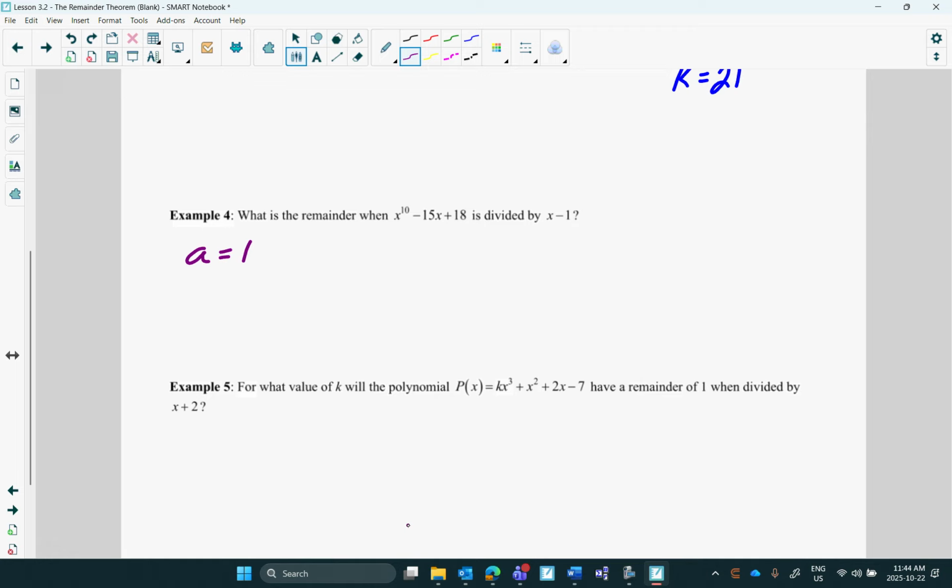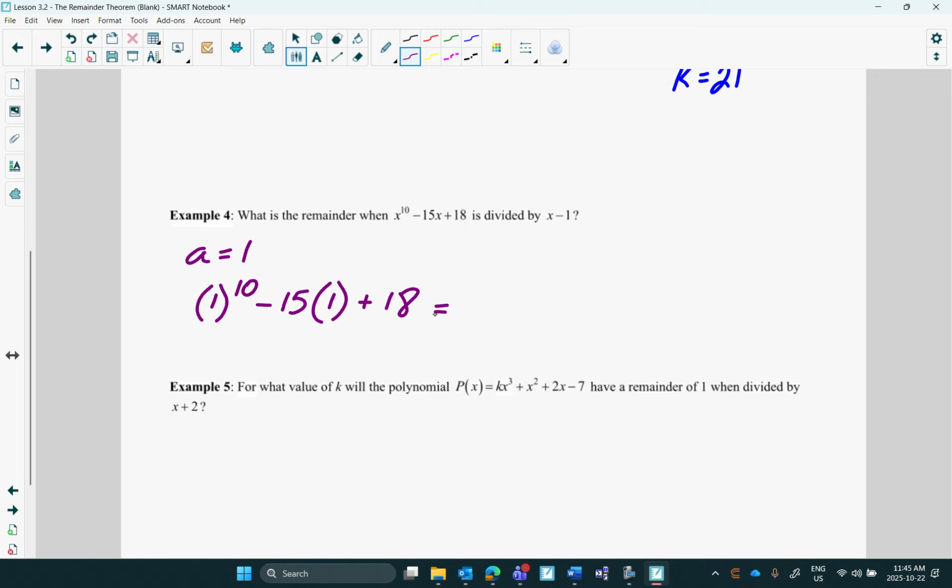I said, don't write this down. So let's just take 1 and plug it in for x. And then just calculate that to get the remainder. I don't have to do that synthetic division.